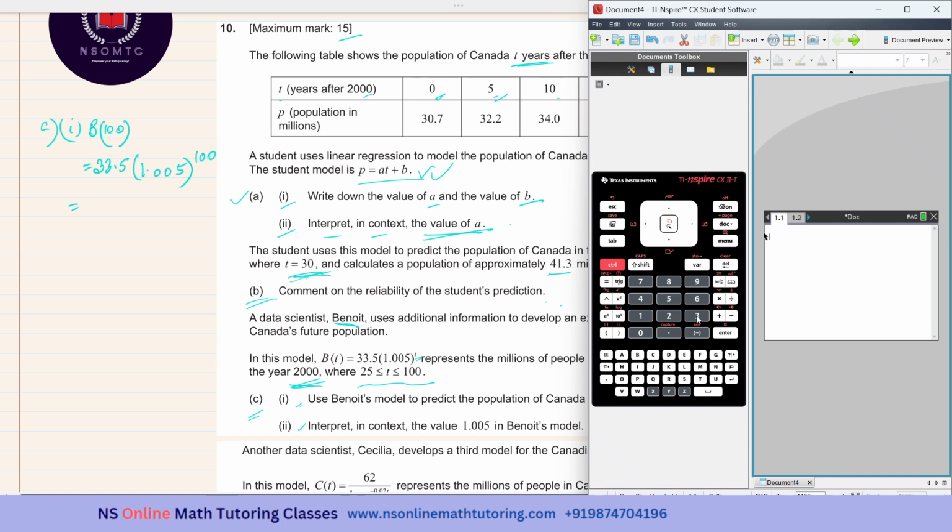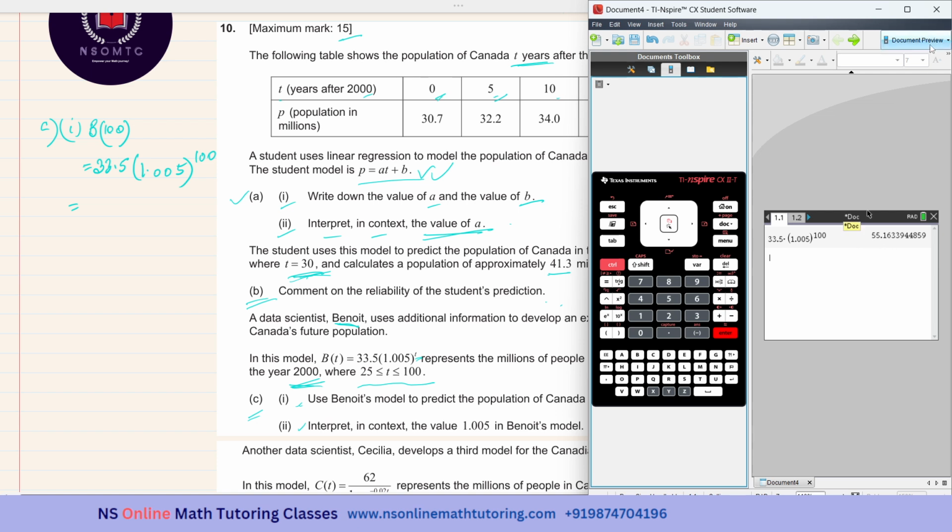Enter. 55.16, and correct to three significant figures, it will be 55.2.